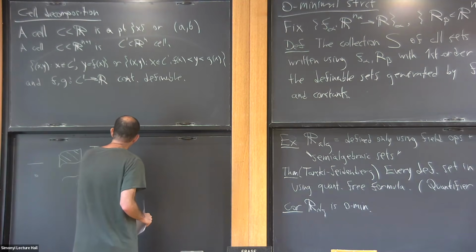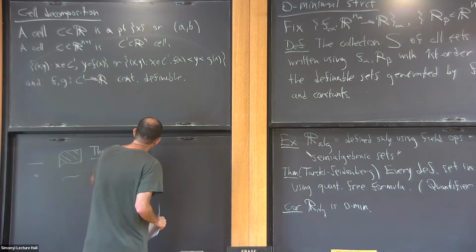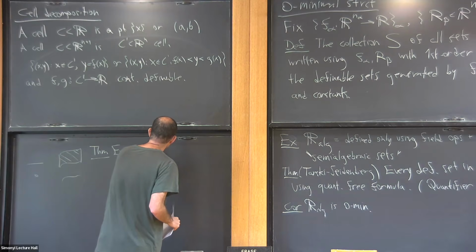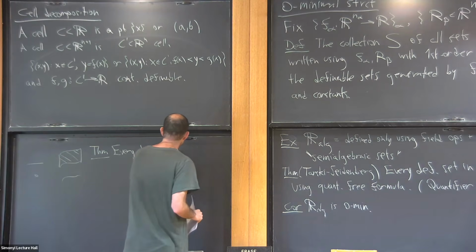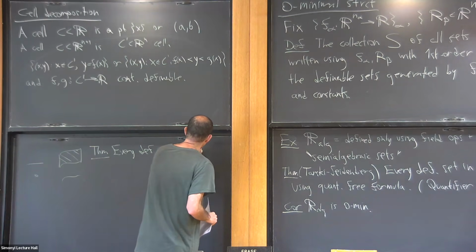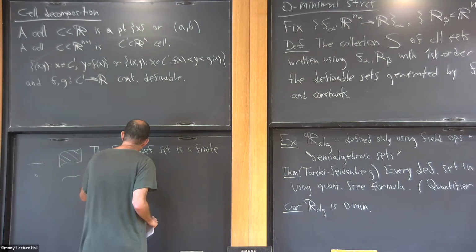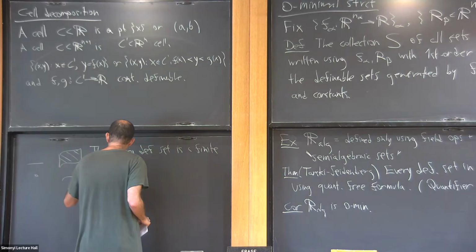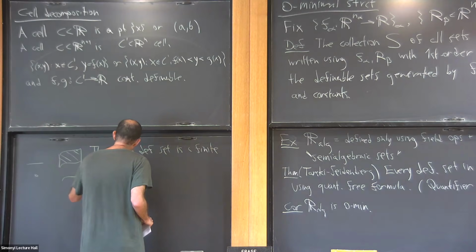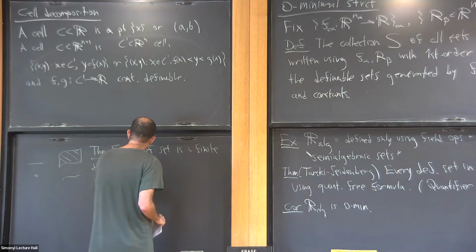every definable set is a finite, even disjoint, union of cells.